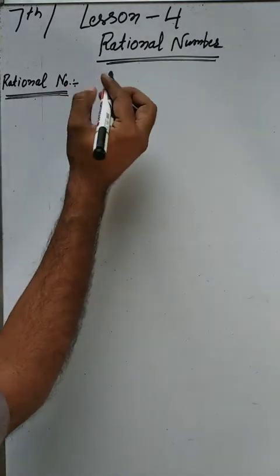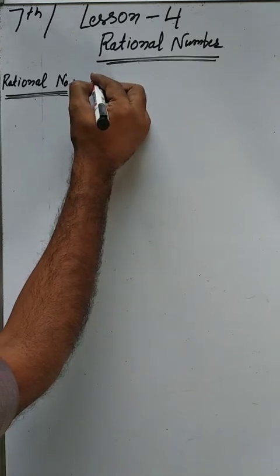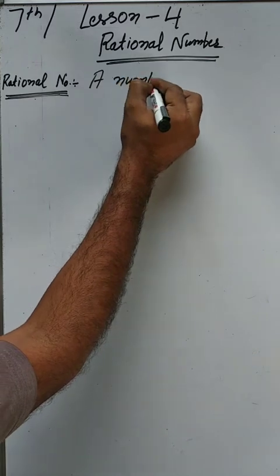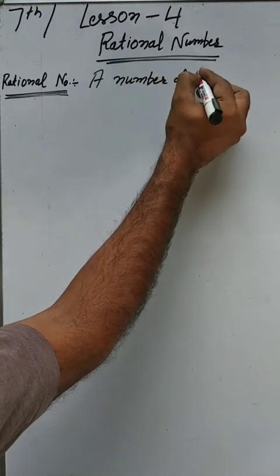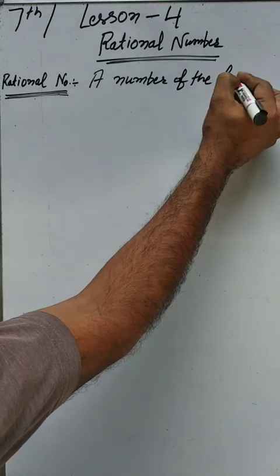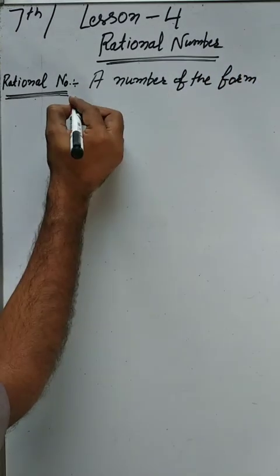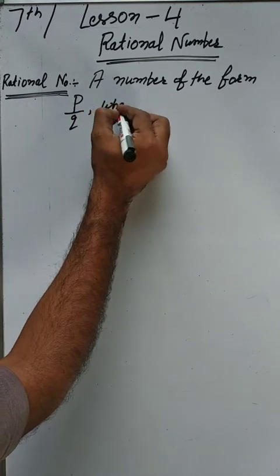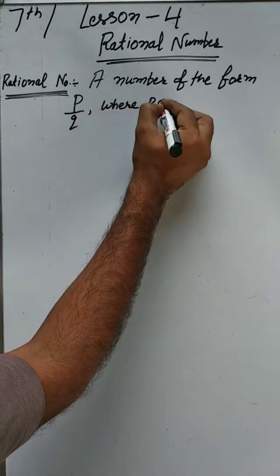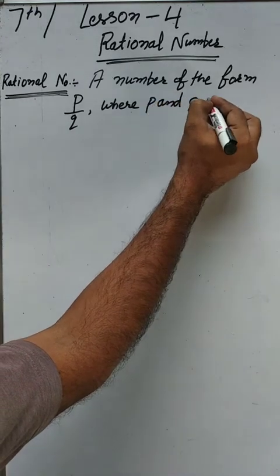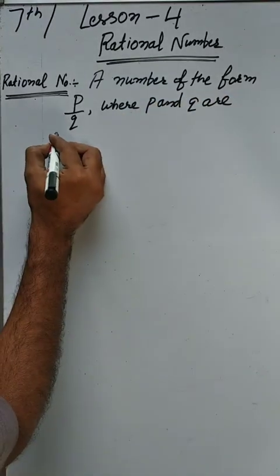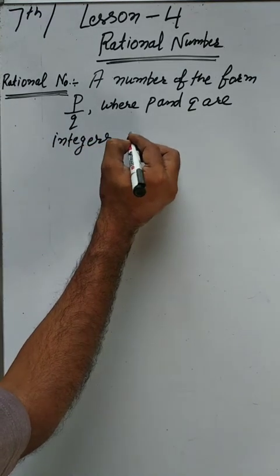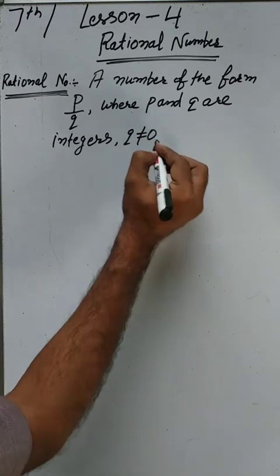According to the definition, a rational number is a number of the form P upon Q, where P and Q are integers and Q is not equal to 0.